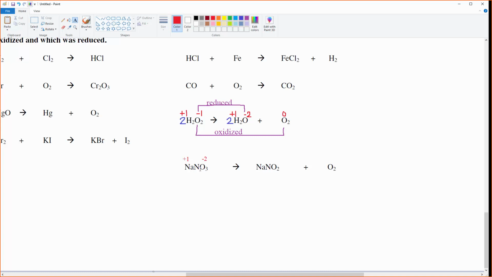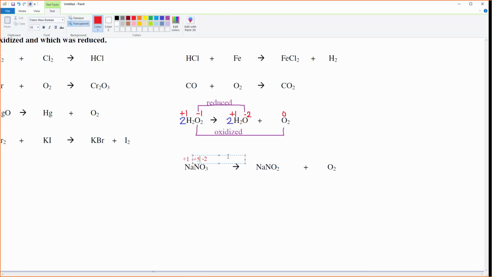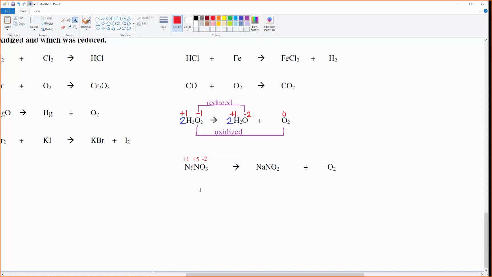Or you could say when it's paired together, you have this +1 as well. The whole thing overall has to be neutral. Perfect, you got it, +5. So +1 from the sodium, +5 from the nitrogen, -6 from the 3 oxygens, each at -2. That gives me my neutral sodium nitrate compound.